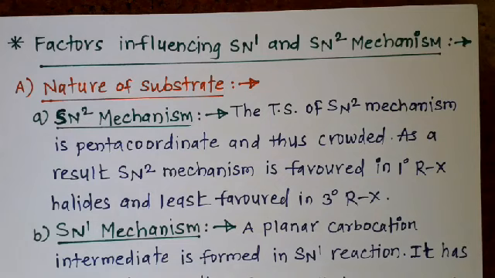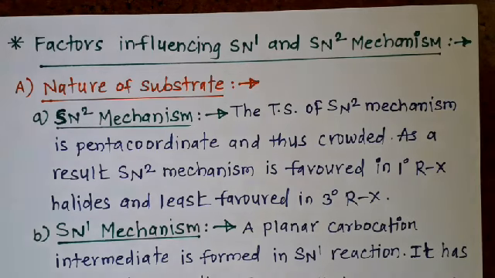Means in the transition state, there are 5 groups attached to the carbon atom, but the actual capacity of carbon to form a bond is 4. And thus, due to the formation of 5 bonds, one bond is extra than the actual valency of carbon.